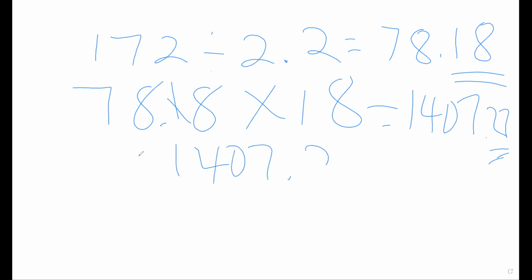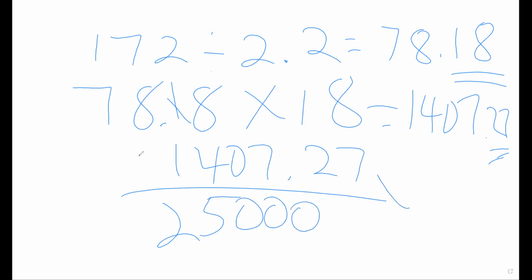Leave that whole thing in the calculator, and then you're dividing it. What do we have? 25,000? Yeah. Times the 500. 28.1. Okay, and then your answer would be 28.1.